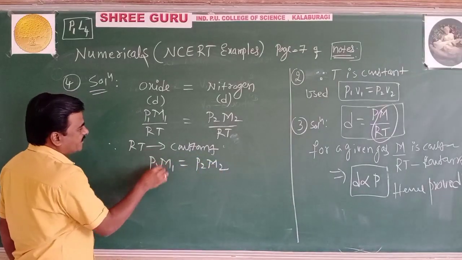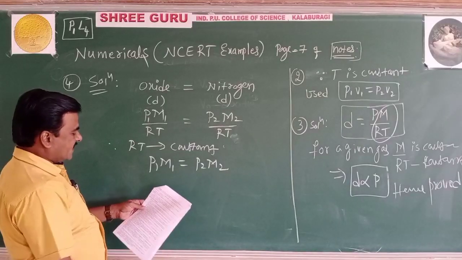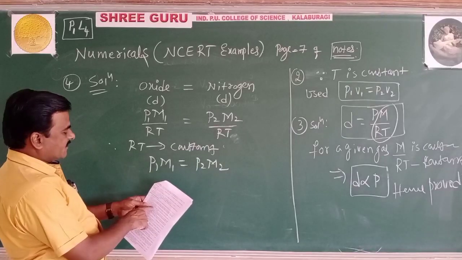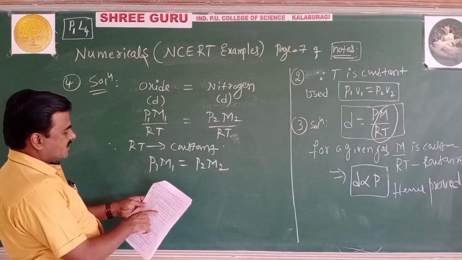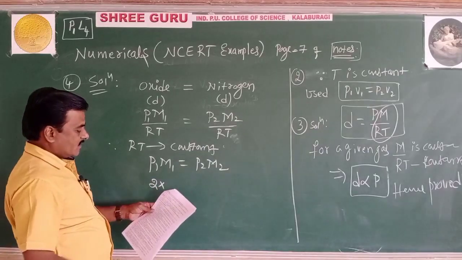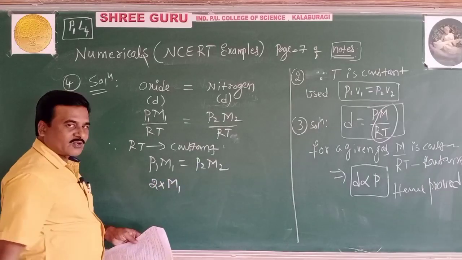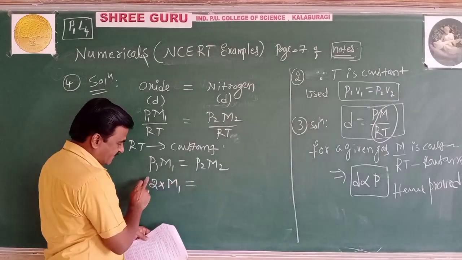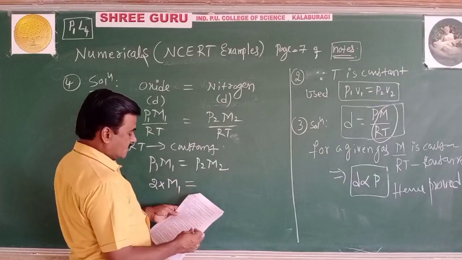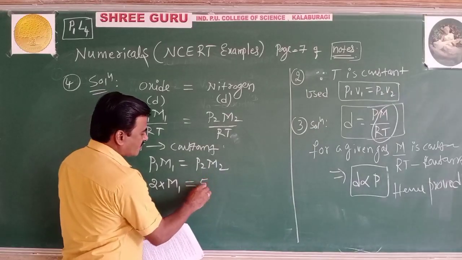Now, what is the pressure of the oxide? It is given in the problem: at 2 bar. The molar mass is not given; that you have to calculate. It is the same as nitrogen at 5 bar, P2 is 5.